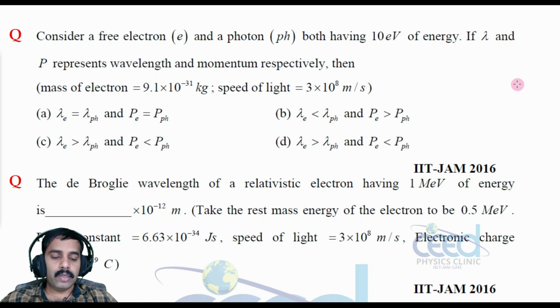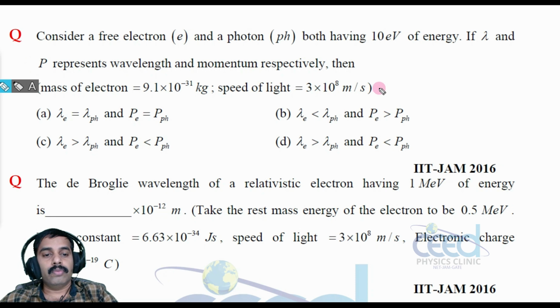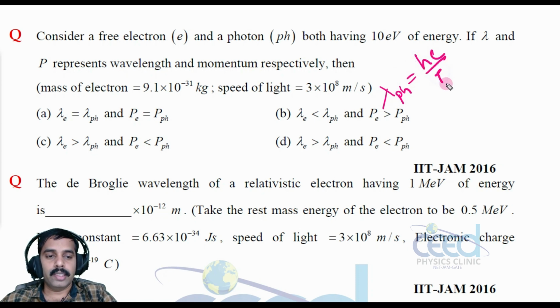so to calculate the photon's de Broglie wavelength, I can use the relation lambda photon is equal to hc by E, right? So E photon is equal to hc by lambda photon.